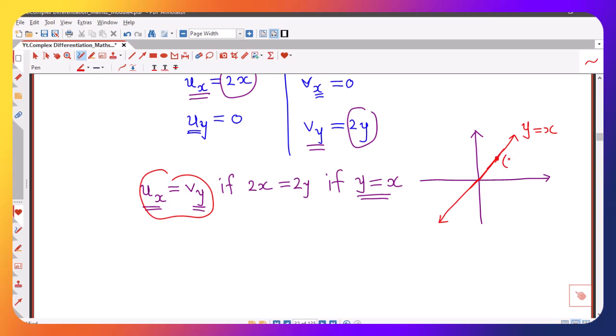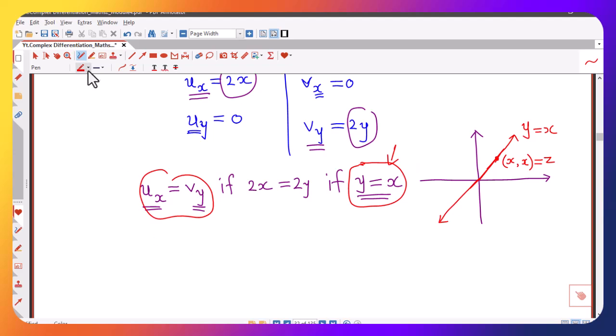The points on this line will look like z equal to the ordered pair x comma x. So y equal to x represents this line in the complex plane, and this equation is satisfied at all the points on this line.